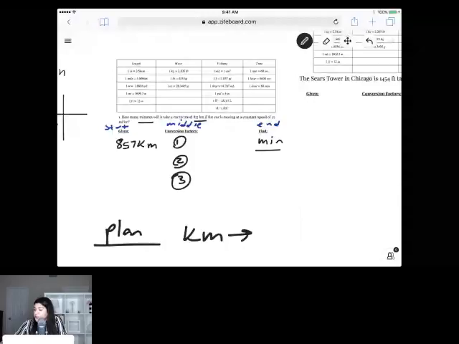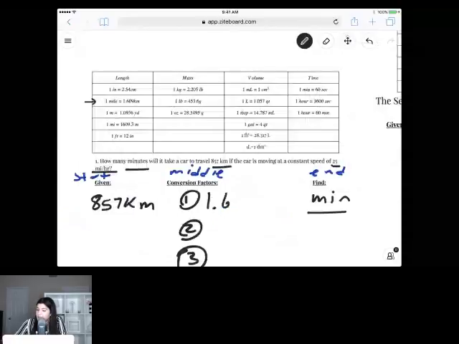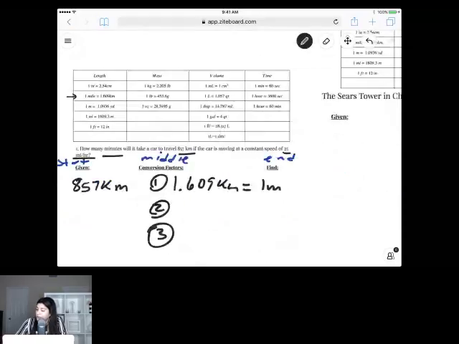I'm going to look at this table and identify what allows me to go to miles from kilometers. And it would have been this one. So that's my first conversion factor. So 1.609 kilometers, I'm running out of space, is equal to 1 mile.